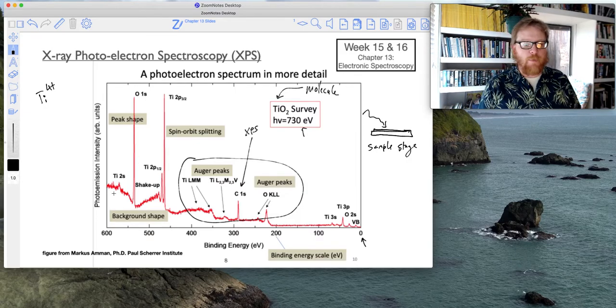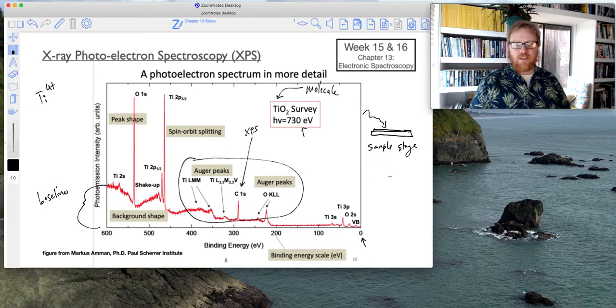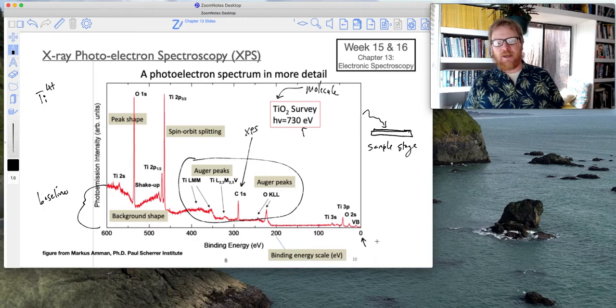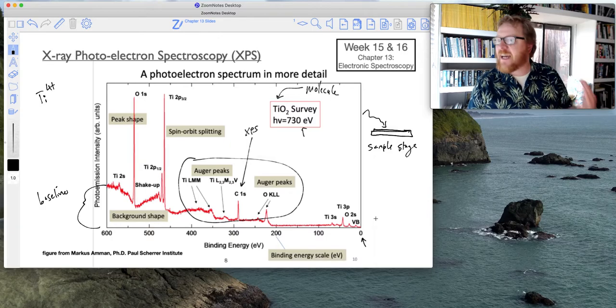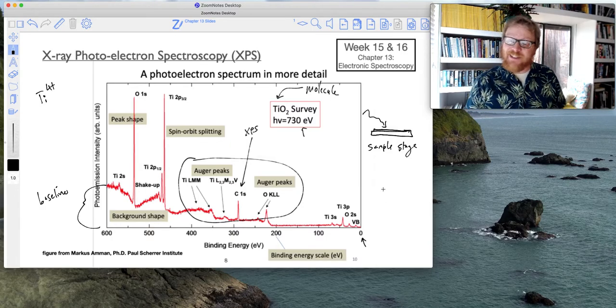Now what I also want to point out is the background shape right here, okay? The baseline or the background in XPS is quite terrible. The reason for that is because there's also a lot of stray electrons, secondary electrons, or even tertiary electrons that can also make it to the detector.